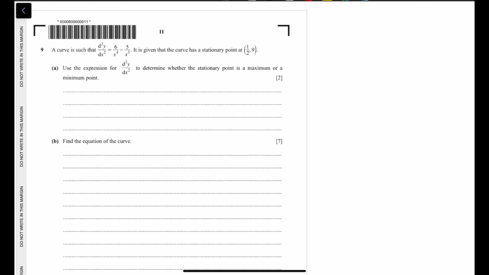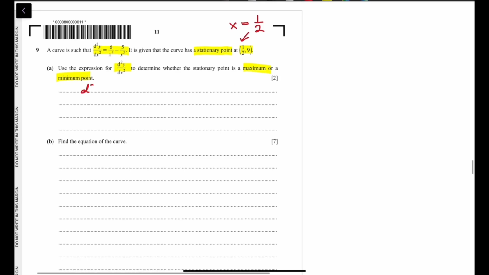Question 9. A curve is such that the second derivative is equal to that. It is given that the curve has a stationary point at these coordinates. Use the expression for the second derivative to determine whether the stationary point is a maximum or a minimum. So, our stationary point has an x coordinate of a half. Our second derivative at the x coordinate is equal to, so we're just going to substitute a half into the x.